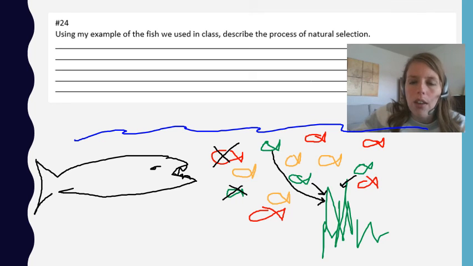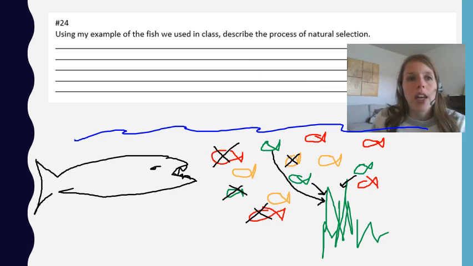Maybe that one dies. But overall, we see that in this population of fish, the green have a higher chance of survival. Now, when the green have a higher chance of survival, that means that they survive and reproduce. So it's not only important to survive, but it's also important to reproduce.